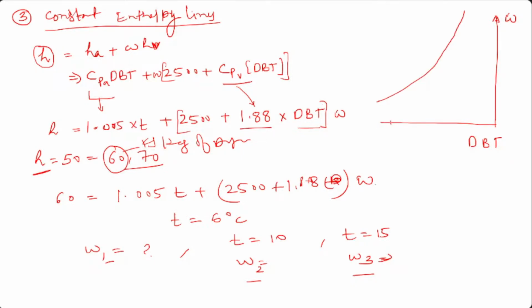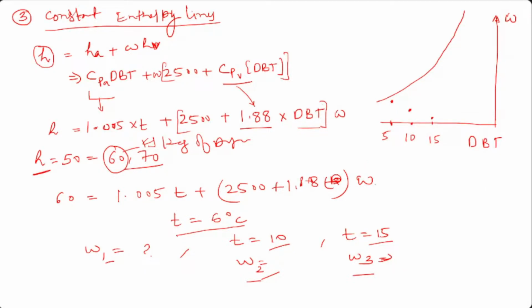Let's say we have taken T equals 5, and corresponding to this T, this may be the omega. Then you have dBT 10, and the corresponding omega may be here. Then you have taken T equals 15, and omega may be here.